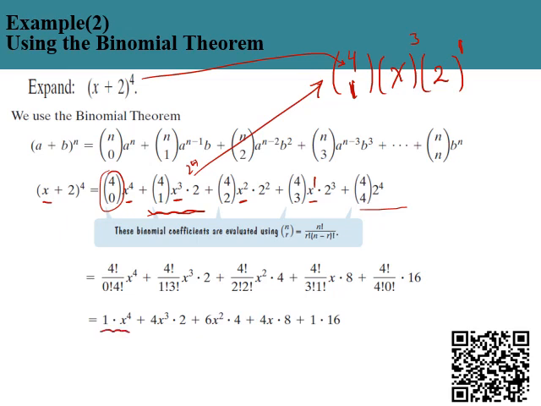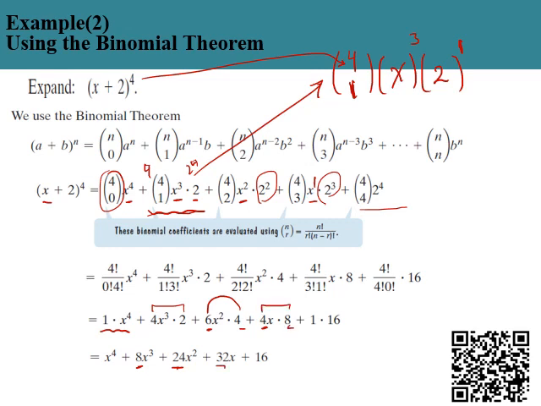And 4c1, or 4 above 1, is 4, multiplied by 2 is 8. And then 4 above 2 is equal to 6, and 2 to the power of 2 is equal to 4. By multiplying them, the answer is 24. And then 4 above 3 is 4, and 2 power 3 is 8. So 8 multiplied by 4 is 32.